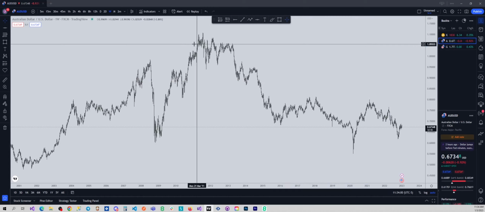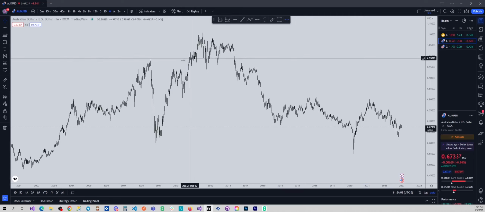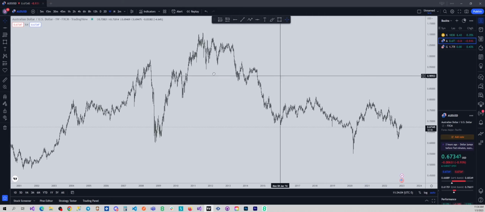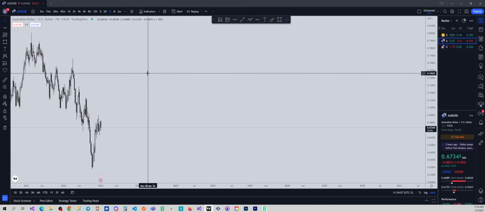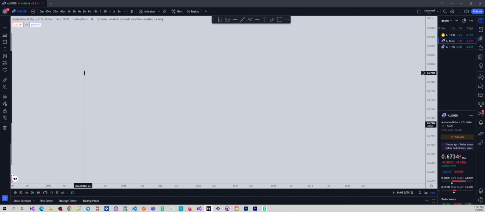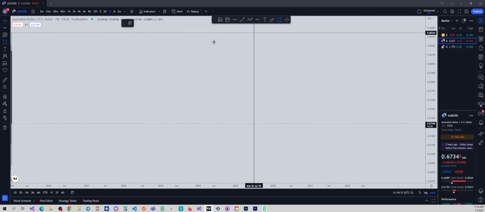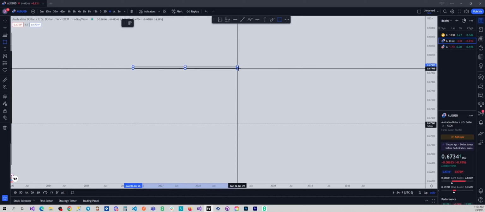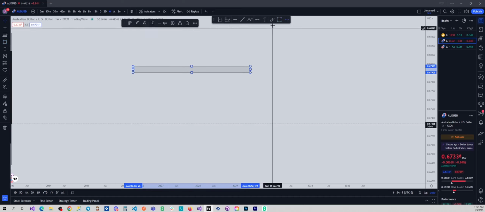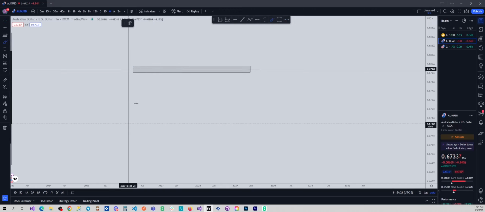So where do we see price fluctuating from? Oh yeah, I don't think I mentioned that. So how can we determine whether a level is a level of support or resistance? We can determine that by looking at price and seeing where price has tapped into many times.